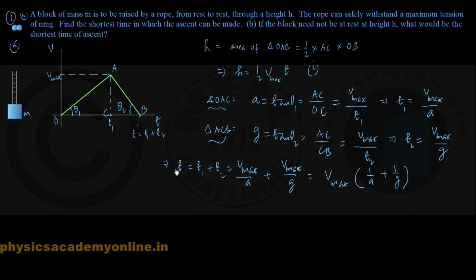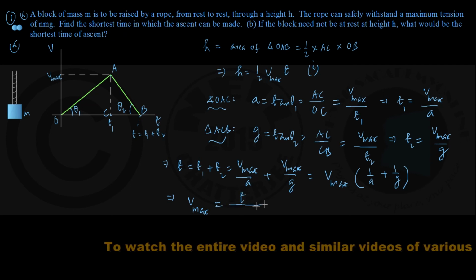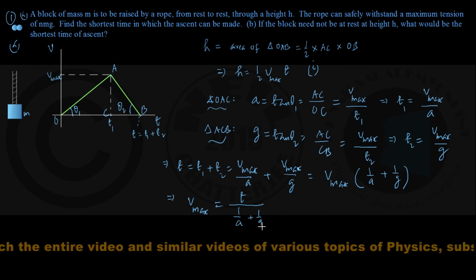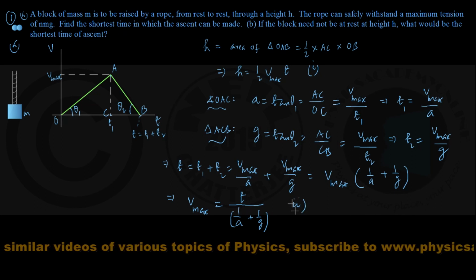So you have got the total time of travel, small t, is equal to Vmax into 1 by A plus 1 by g. And therefore we might express the maximum velocity attained by the block during the ascent, Vmax, as equal to the total time of travel t divided by 1 upon A plus 1 upon g. This is equation number 2 for me.